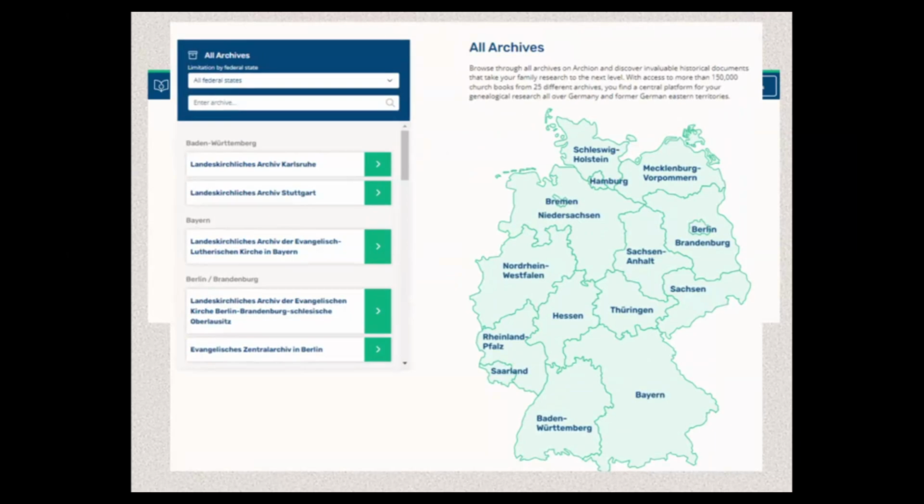Don't expect those records in the federal archives in Germany, in Koblenz. Later records would be sent to city archives, later to district archives, and later to regional archives. Or you can click on one of those links here.